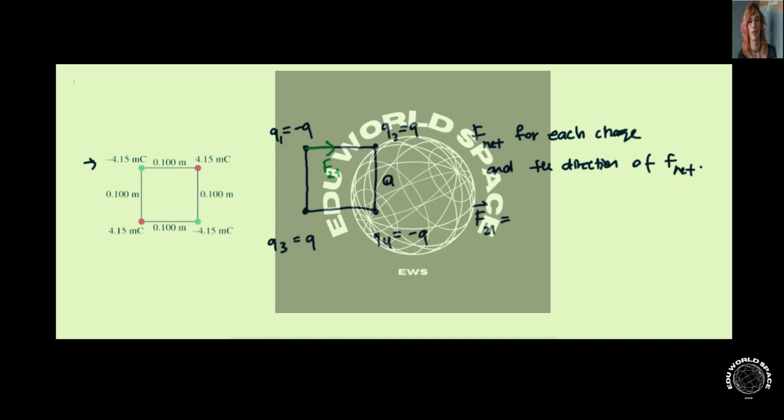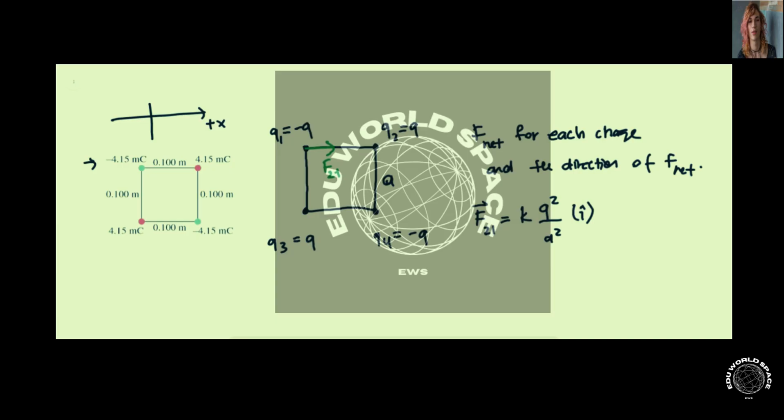It equals the magnitude of this force, kQ squared over the distance between the two, which is A squared, times the unit vector. Since this force is pointing toward Q2, and conventionally any force pointing in the positive x direction is defined by the unit vector i hat, F21 can be written as kQ squared over A squared i hat, because F21 is in the positive x direction.